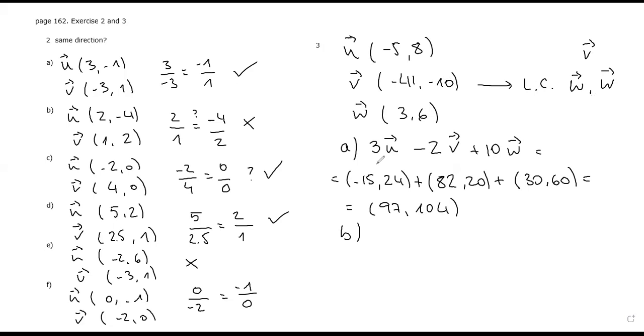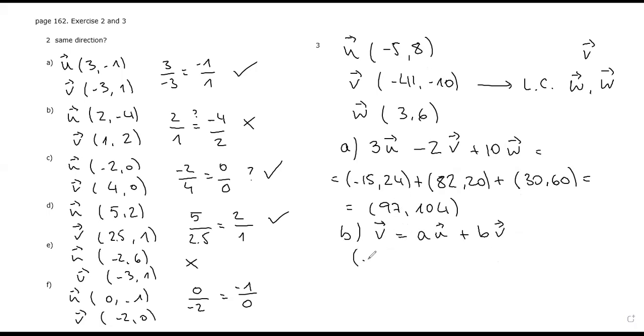To do that, I set up the system as I've done before. v has to be something multiplied by u plus something multiplied by w. In your book it's x and y, but I think that's a bit confusing. I prefer to write it as a and b, because x is always the first component and y the second, and you can get it a bit wrong.